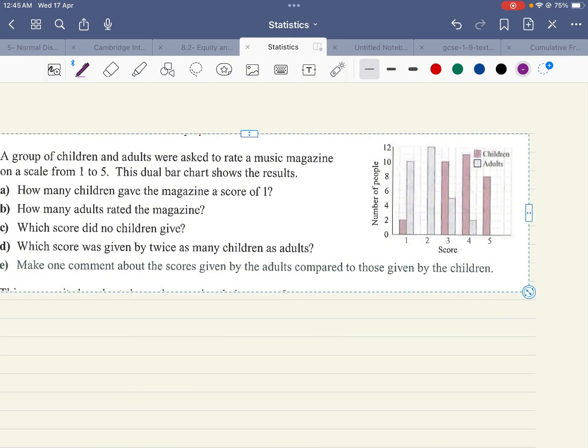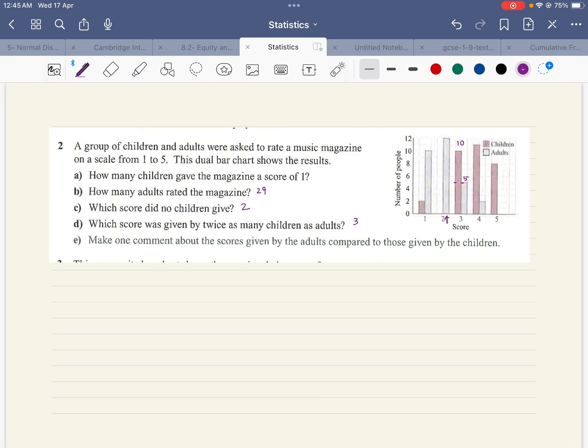The comment can be that the children rated the magazine better than the adults, because adults have mostly given either 1 or 2, and nobody has given a score of 5, which means very good. However, children have not rated the magazine bad and they have mostly rated the magazine good.